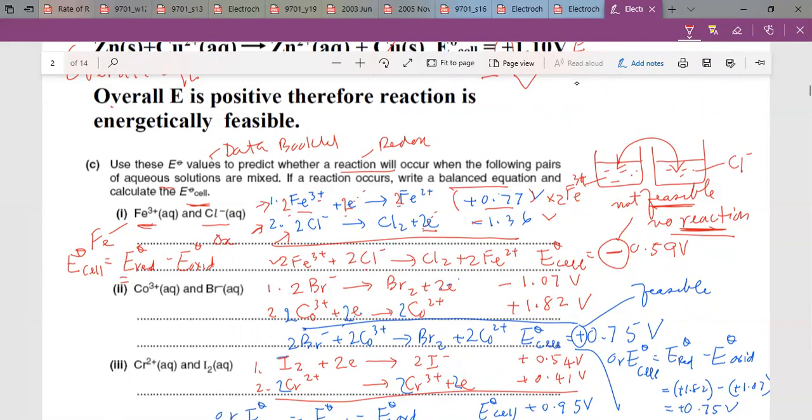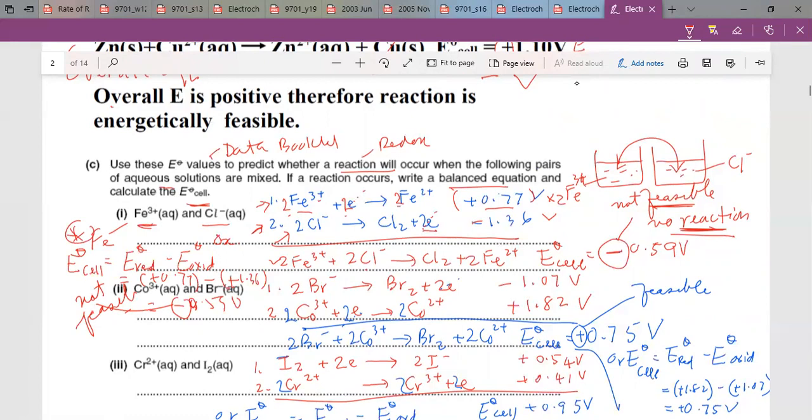You use the original value, plus 0.77, minus the oxidation value, also the original value, plus 1.36. It becomes minus 0.59. Minus means not feasible, which means no reaction. This is a very useful thing. I will repeat it again and again if I have to.